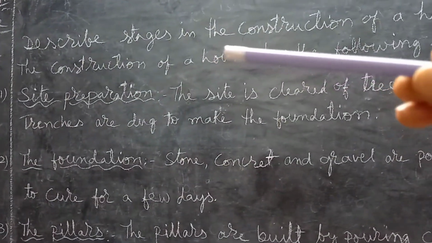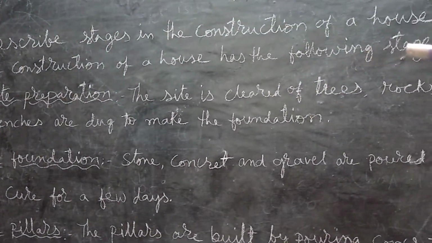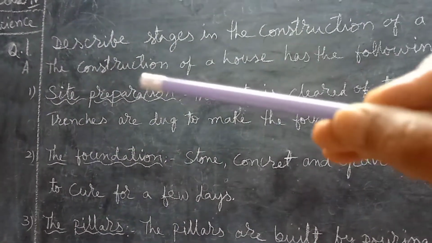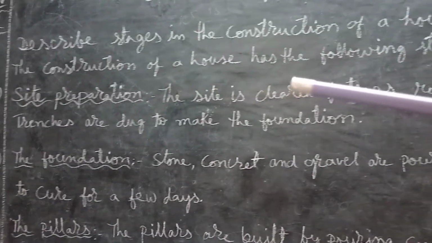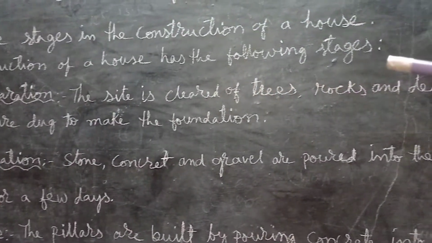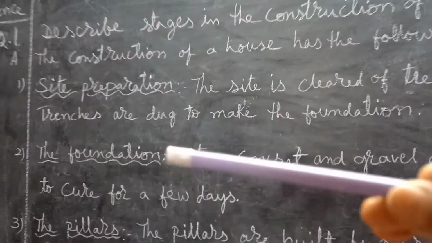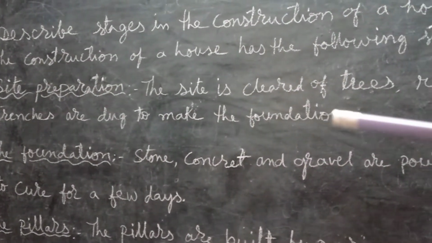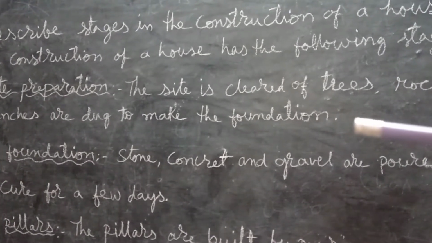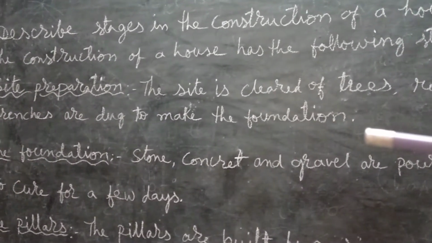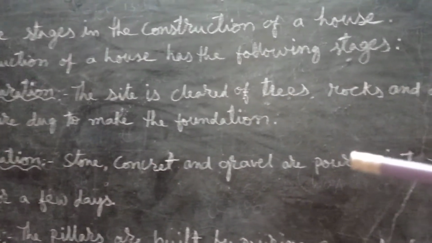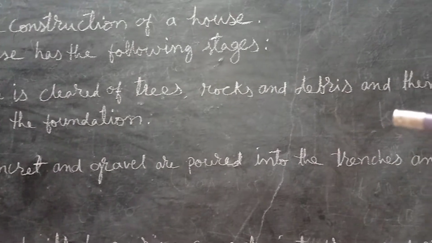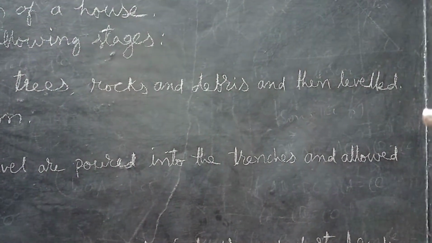Describe stages in the construction of a house. Answer: the construction of a house has the following stages. Site preparation. The site is cleared of trees, rocks and debris and then leveled.